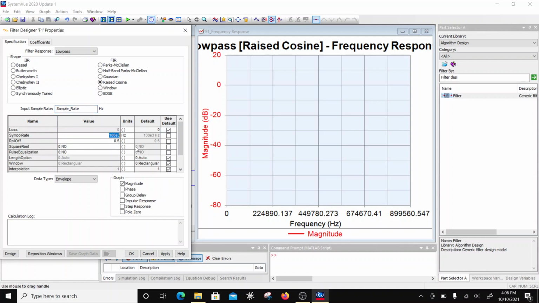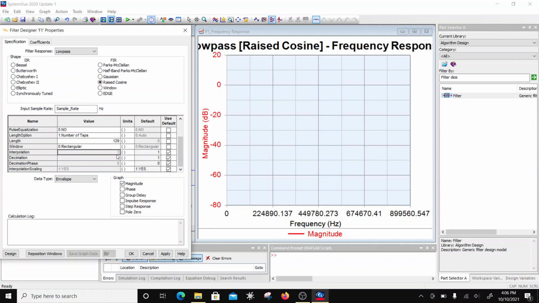Here it will be sample rate by 6. The roll off is, let's say, 10%, and the nature of roll off is square root. Again, the number of taps I'm going to use is 129, and then I have a rectangular window.